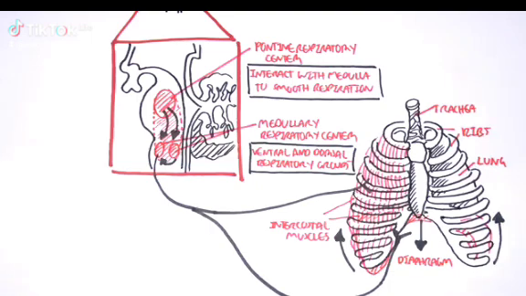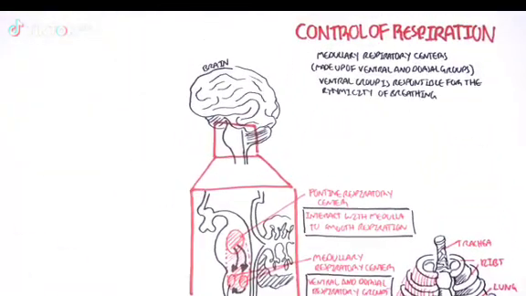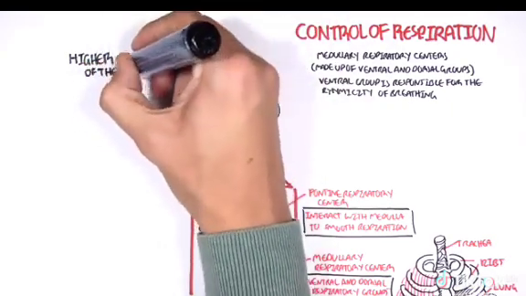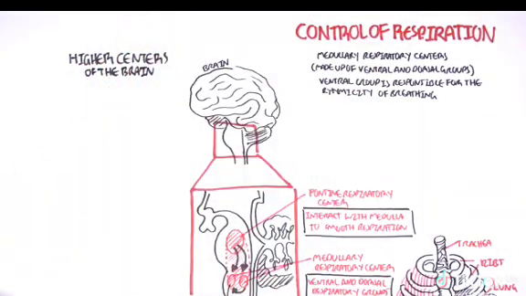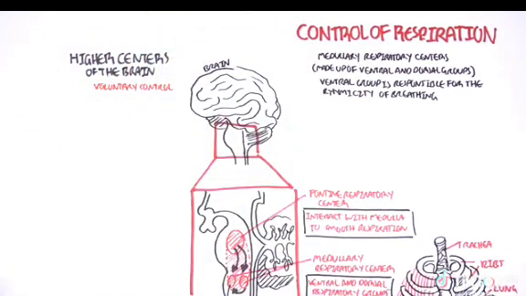Now, let us see what can influence the respiratory center. And so what can increase respiration, so increase breathing, and what can suppress breathing, so slow down breathing. Firstly, we have the higher centers of the brain, where we can have voluntary control. So as we know, we have some control over our breathing.